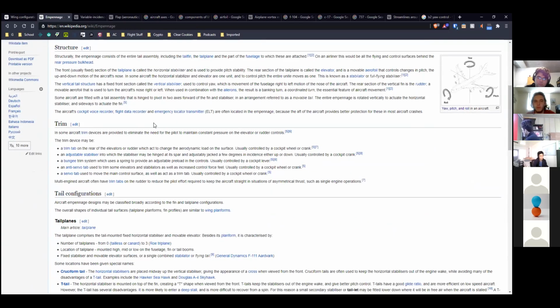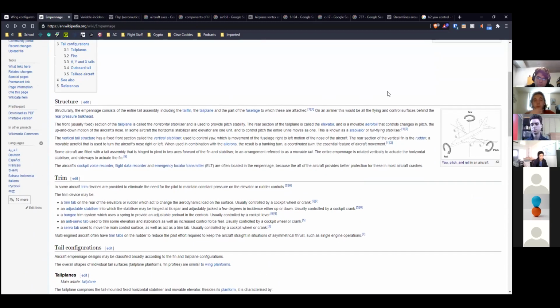Okay, I guess it's useful to talk about trim. Basically an aircraft that's in trim does not need any active control inputs to continue flying in the same manner. So let's say you're flying straight and level, and then you increase your speed from one arbitrary value to a new arbitrary value. You're not speeding up anymore, but you've just sped up.